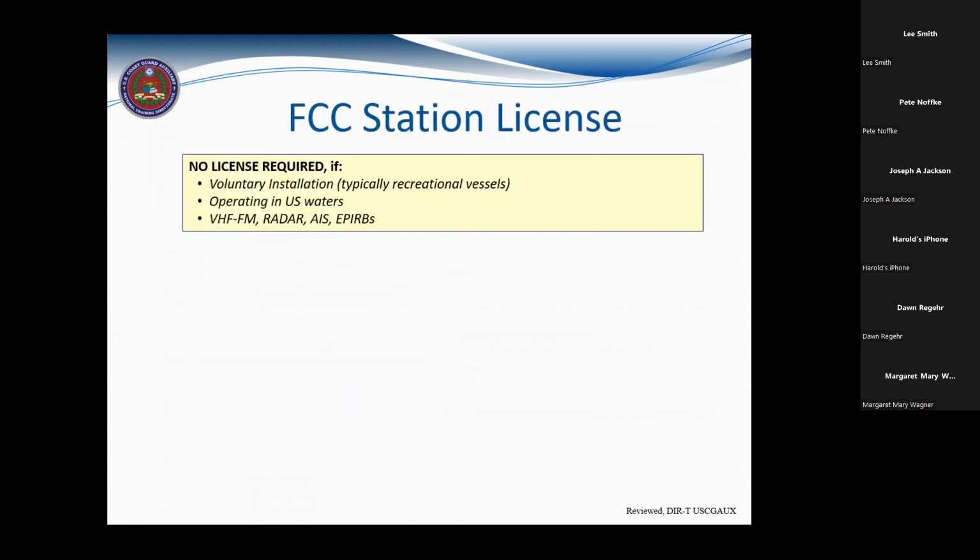Now, back in the old days, we all had to have an FCC license.